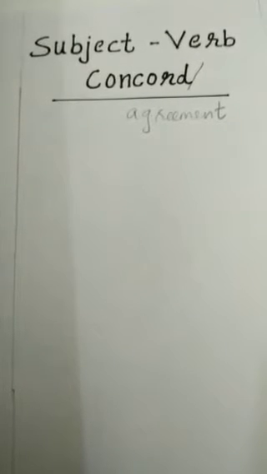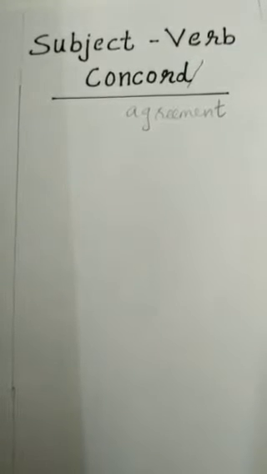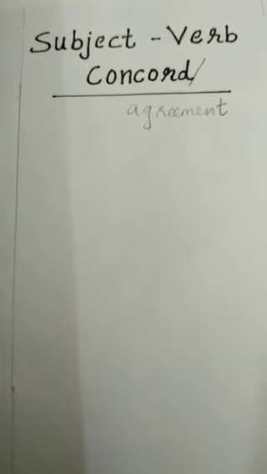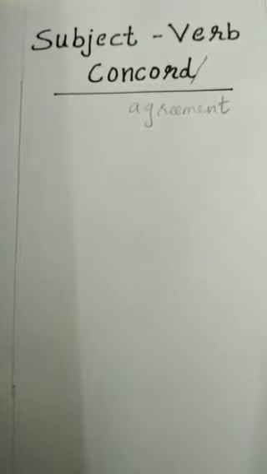It is the person, place or idea that is doing, or the doer in the sentence. That is called the subject. And what is the verb in the sentence? It is the action performed by the subject.